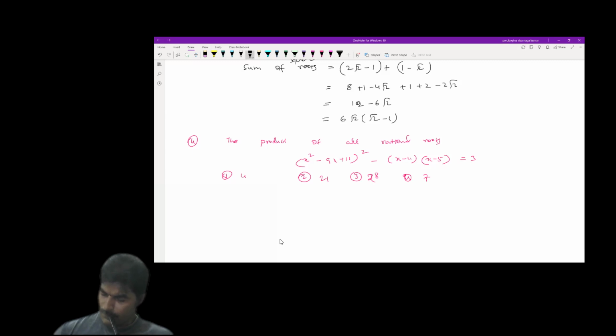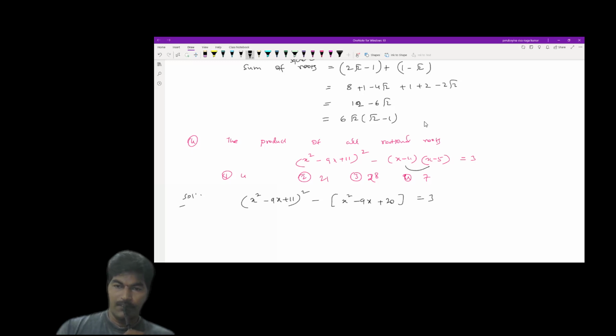Now we will take one of the values as t for easy solving. We are going to multiply those two factors and see how much it is. x square minus 9x plus 11 whole square, and if you multiply these two, x minus 4 and x minus 5, you get x square minus 9x plus 20, equal to 3.